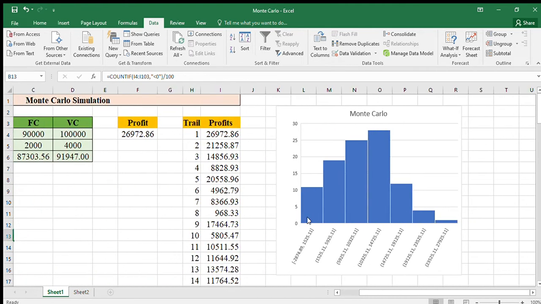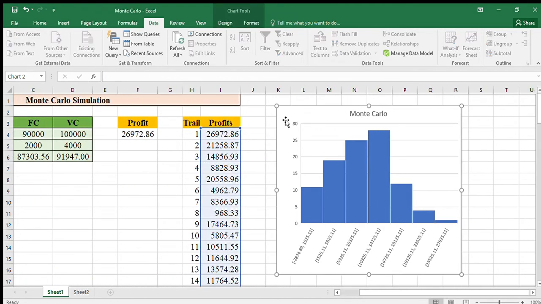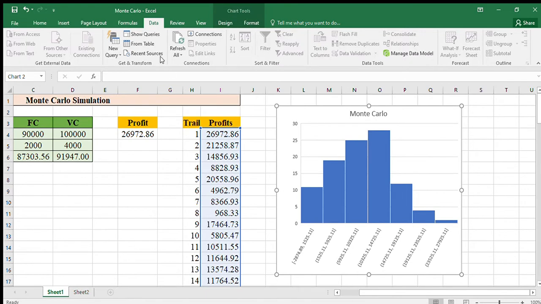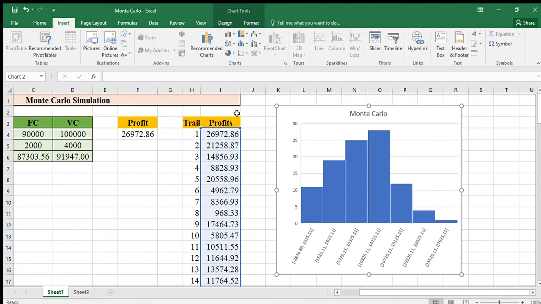Since this is a normal distribution, we'll take this profit data that we calculated for 100 iterations and make a table. We have made a bar graph. You can select whatever you want.